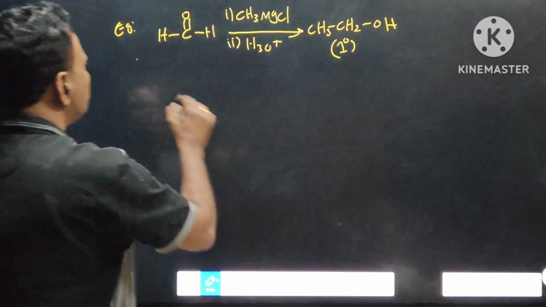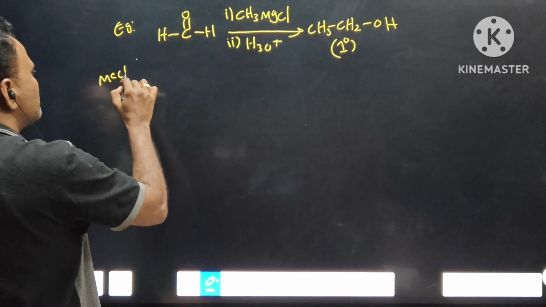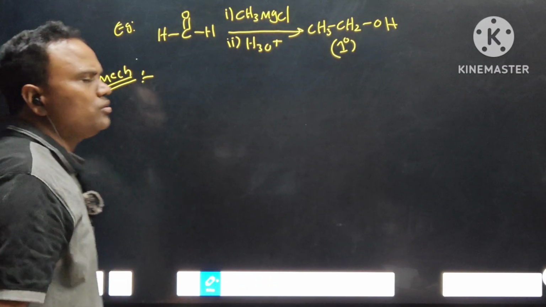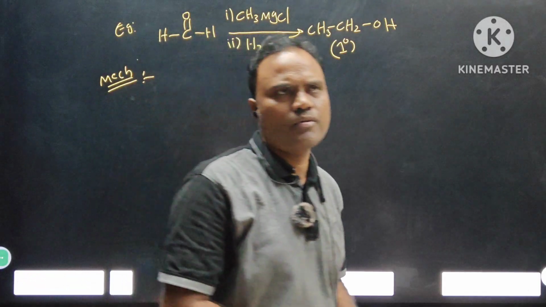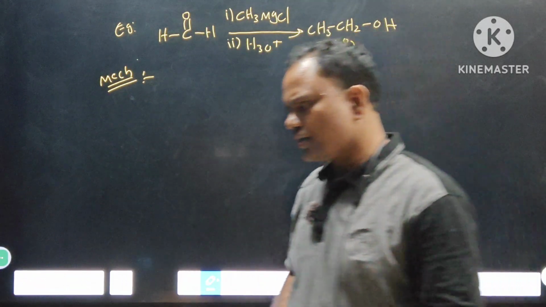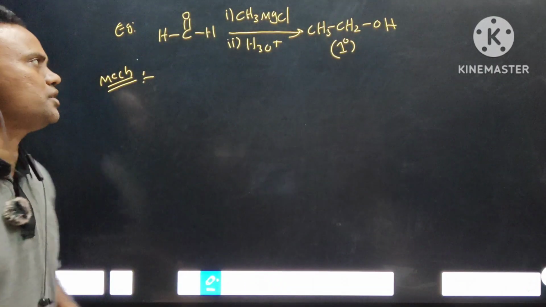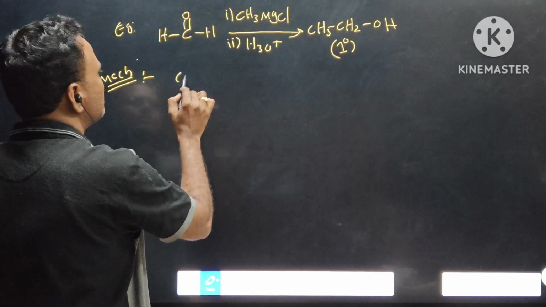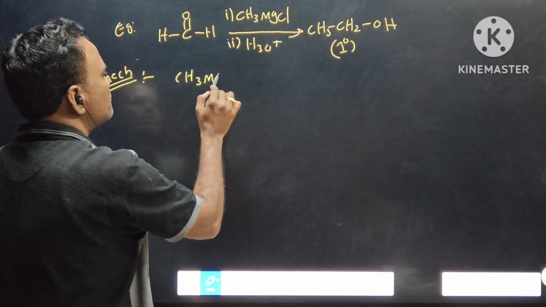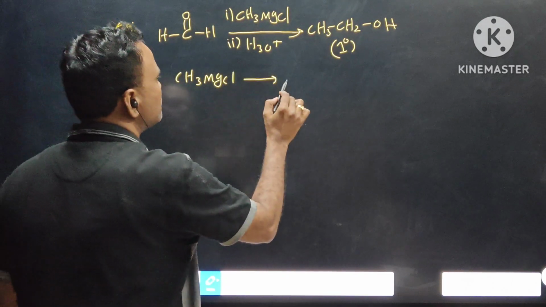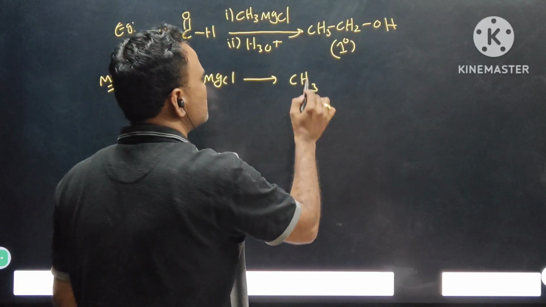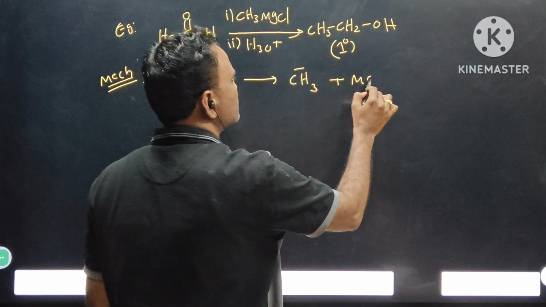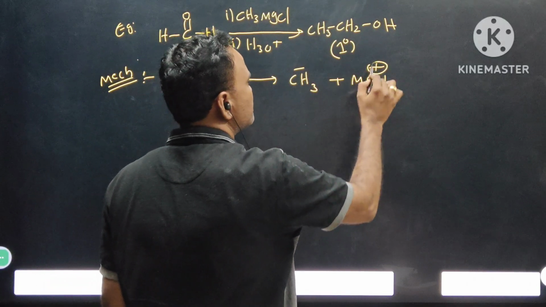See the mechanism. First dissociate the Grignard reagent. You know how to dissociate Grignard reagent. CH3MgCl is dissociated into CH3 minus and MgCl plus.